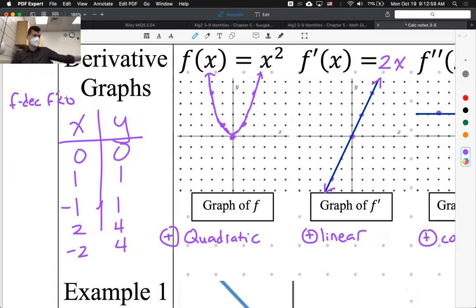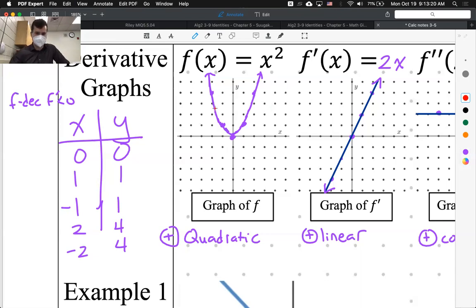Chris, on a graph of f, what is f prime? Is it height, slope, or concavity? Slope. And then where is slope less than 0? Say it louder.